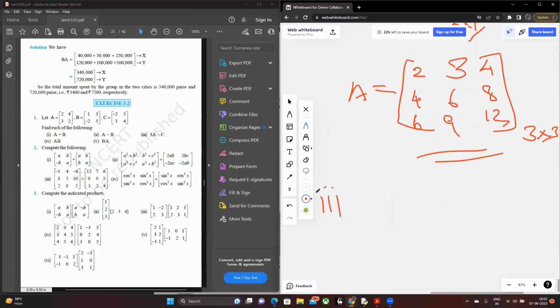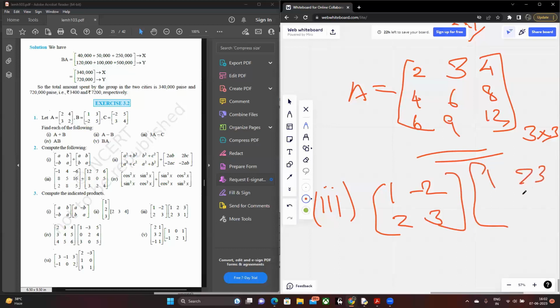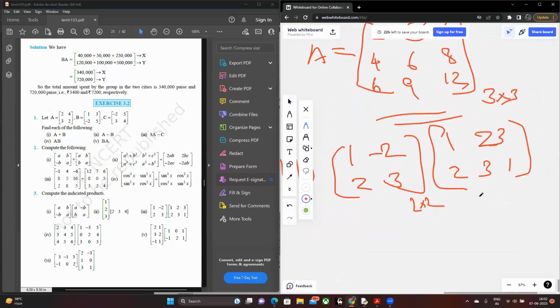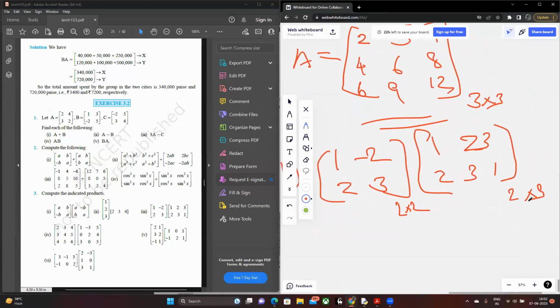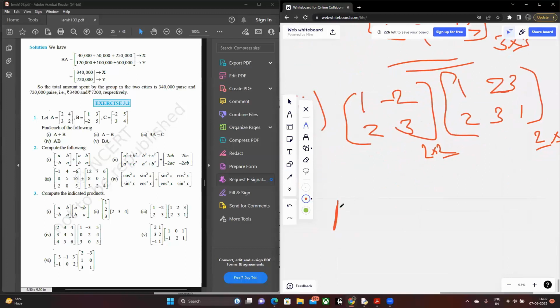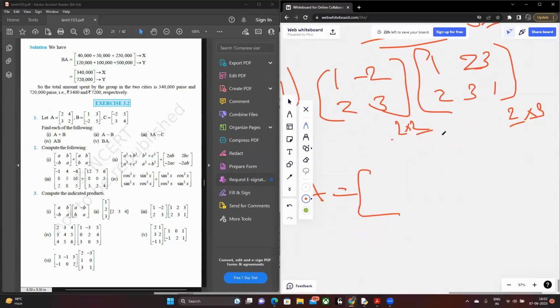Question number 3. This is going to be 1 minus 2, this is 2, 3, into 1, 2, 3 by 2, 3, 1. Right? This is 2 cross 2. Know that this is 2 cross 3 and this index is equal to this index. So basically, you'll have a final matrix of the order 2 cross 3, right?